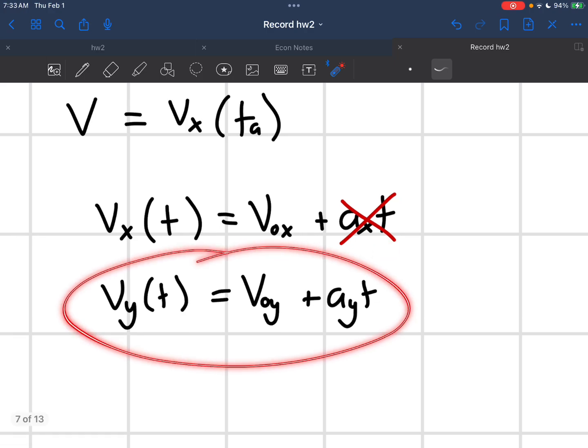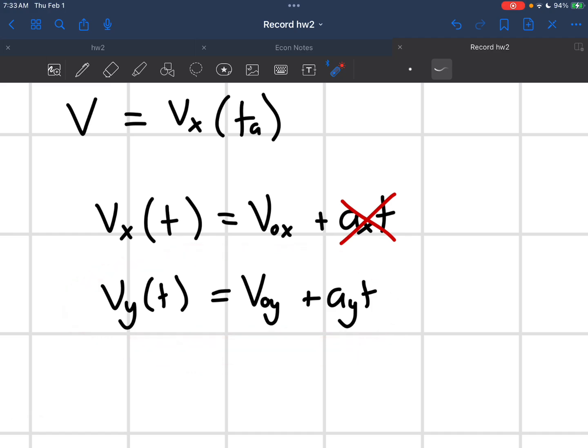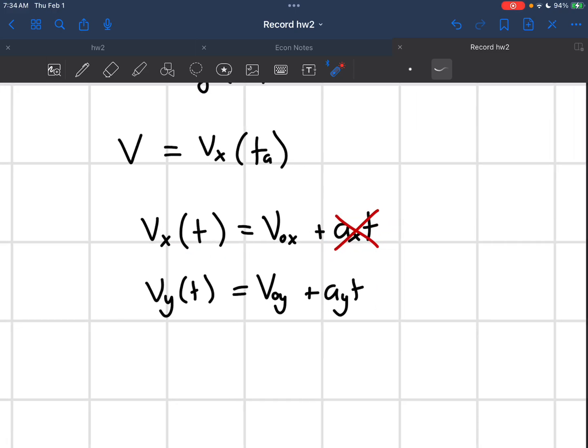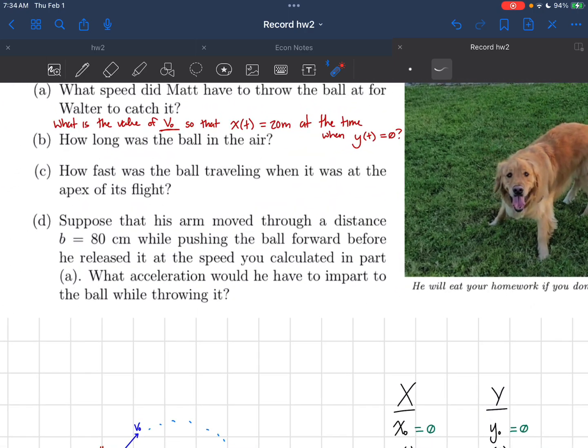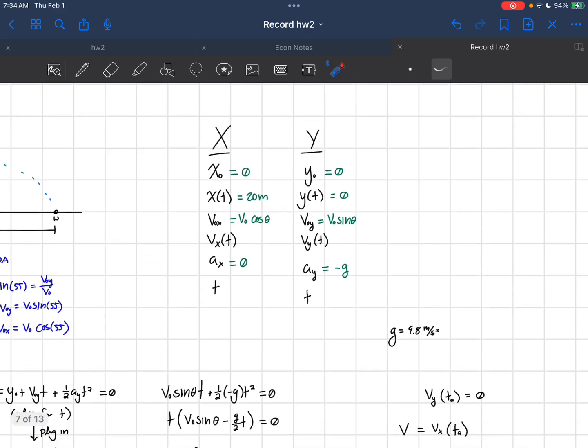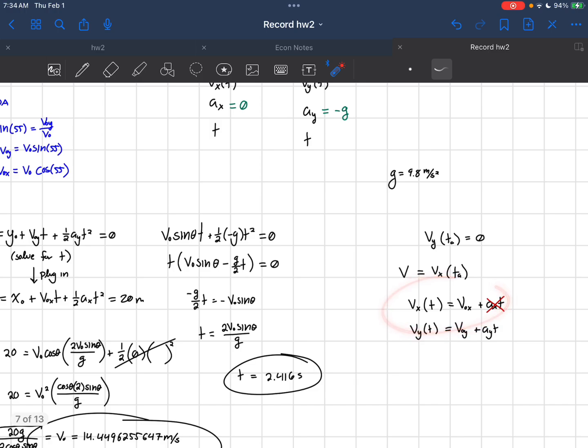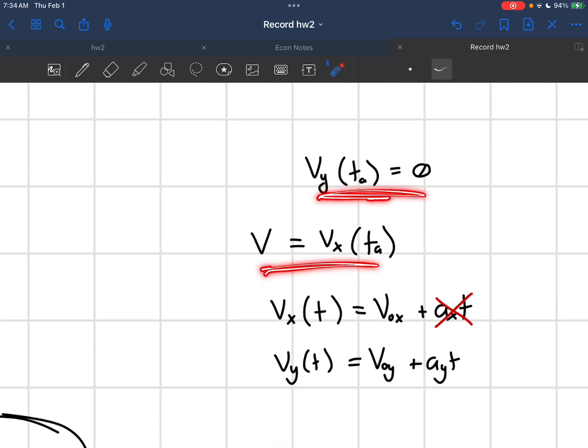So I could solve for the time that it takes to get to apex, but I wouldn't have anywhere to plug it into my equation, because my x velocity is always the same. So it's an important thing to note that we're at apex when my y velocity is 0, and that means that the velocity at apex is just the x velocity.